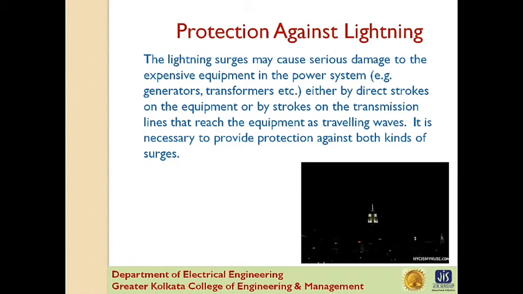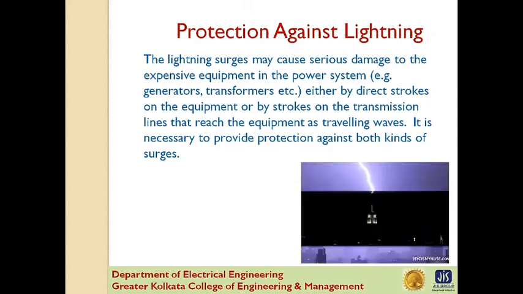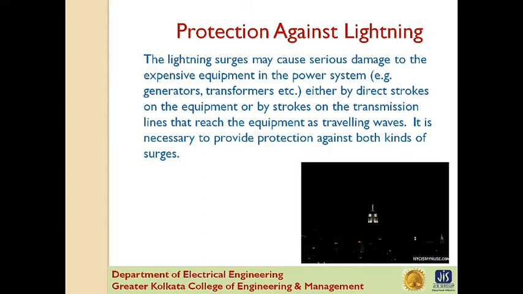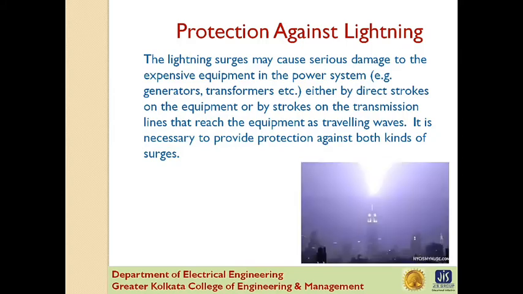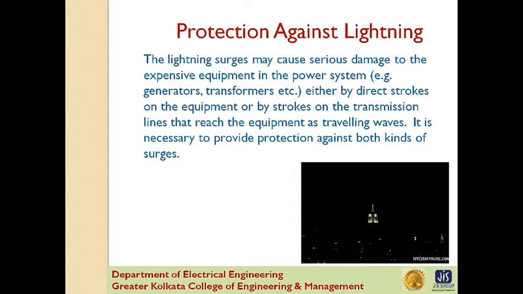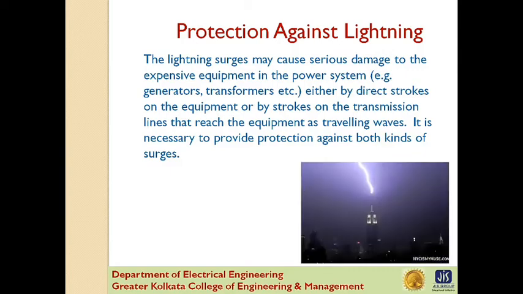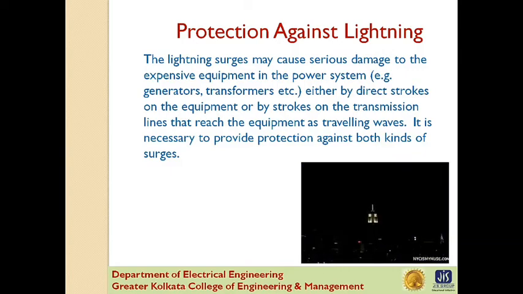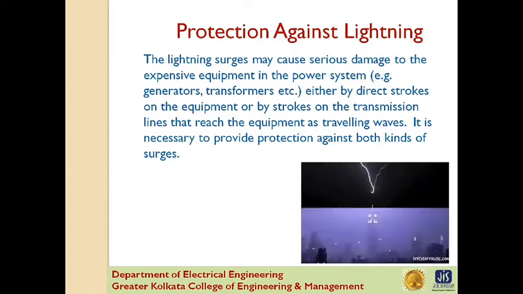Transients or surges on the power system may originate from switching and from other causes, but the most important and dangerous surges are those caused by lightning. Lightning surges may cause serious damage to expensive equipment in the power system, either by direct strokes on the equipment or by strokes on the transmission lines that reach the equipment as traveling waves.